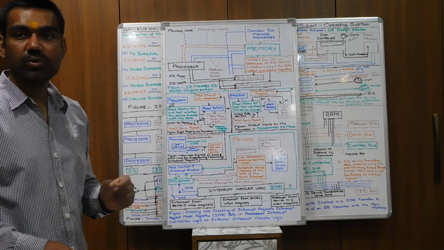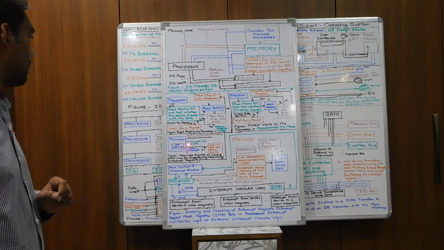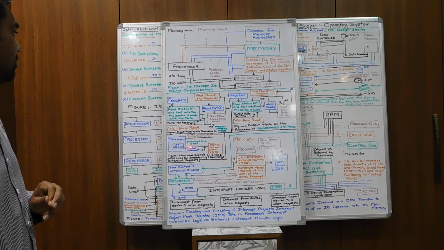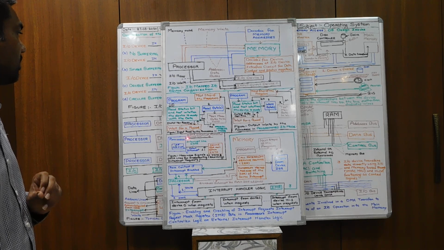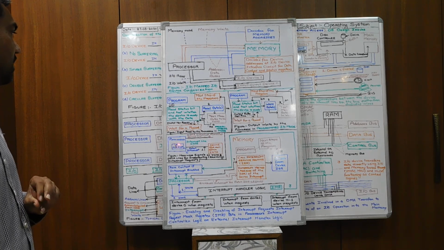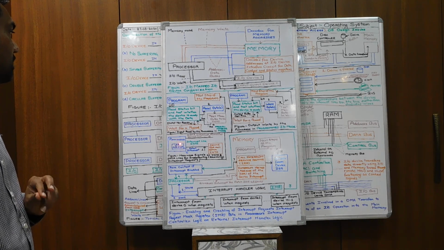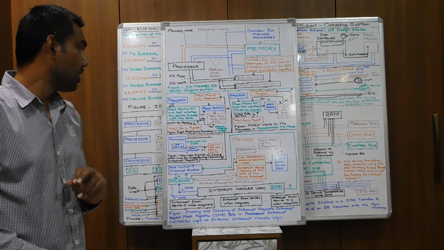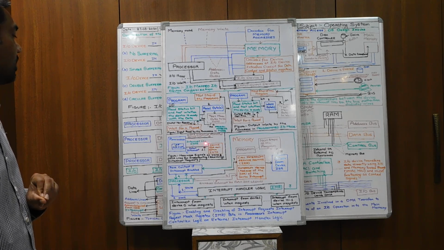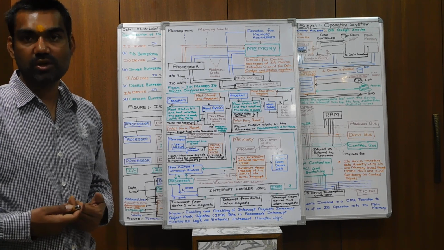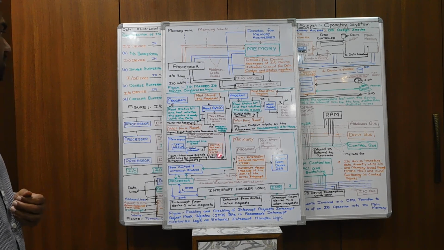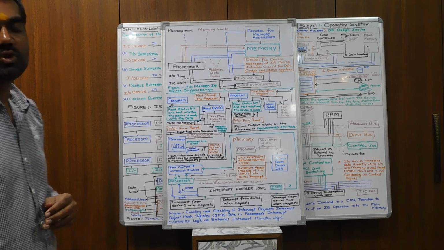So for interrupt driven IO, there are two lines. One line is called the INTR line, and another is the INTA line, and there is a flip-flop that the processor associates with. The INTR line is meant for accepting the interrupt coming out of a device, and the INTA line is for the acknowledgement purpose.